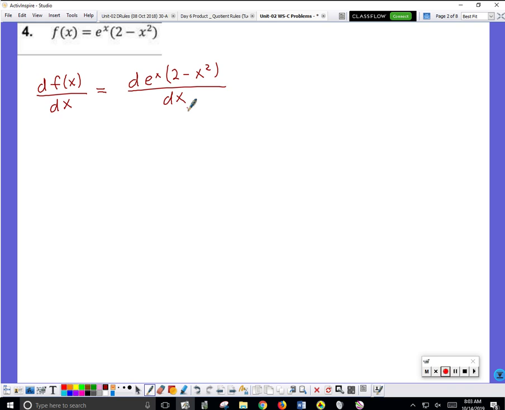Okay, none of the rules that you've used to this point will work on this particular function. So today we start off by using the product rule.